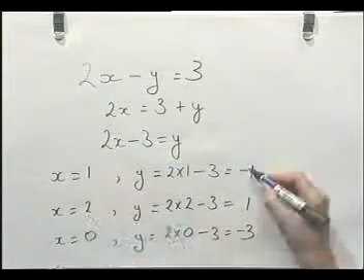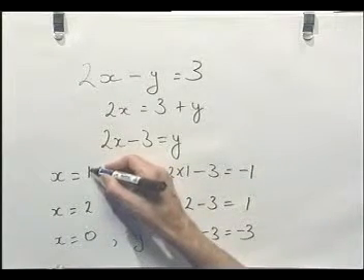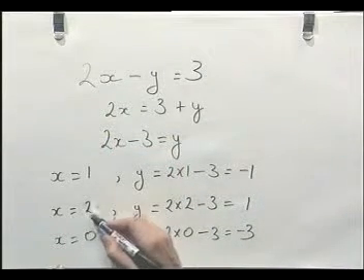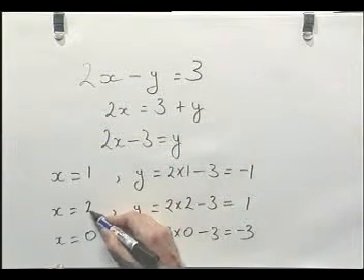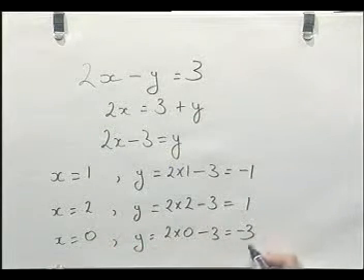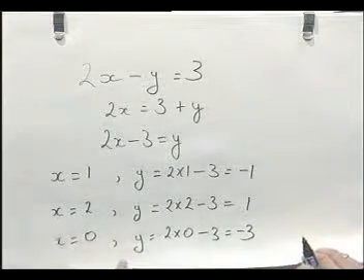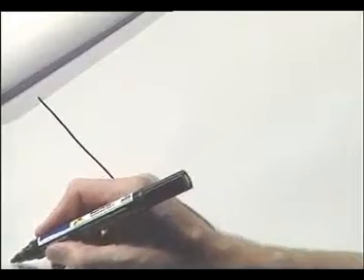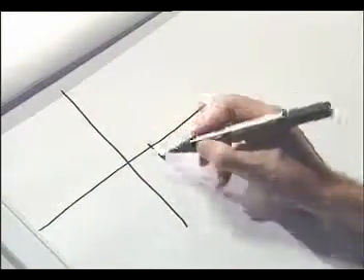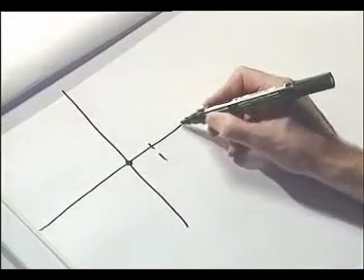I can plot these as points. So I can plot this as the point (1, minus 1). And I can plot this one on a graph as the point (2, 1). And this one on a graph as the point (0, minus 3). So let's just set that up. A pair of axes. Let's mark the values of x that we've been having a look at.